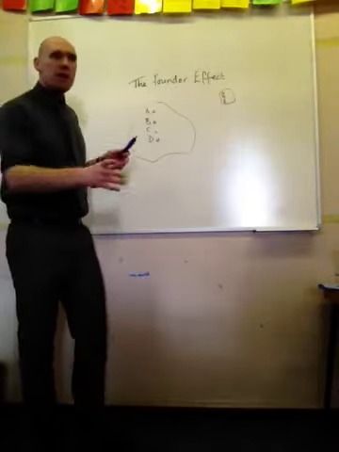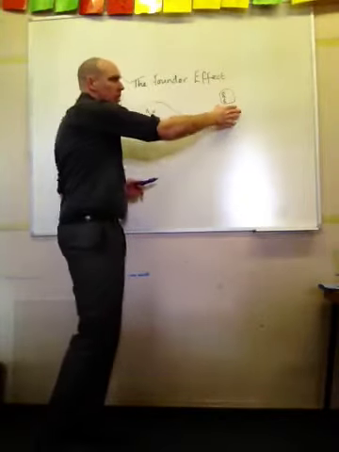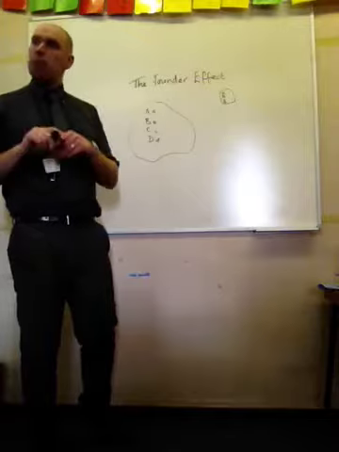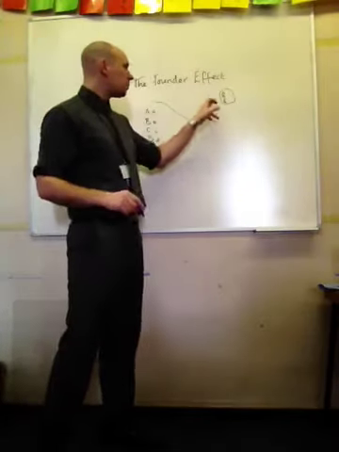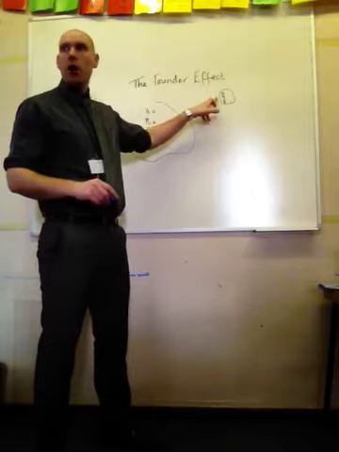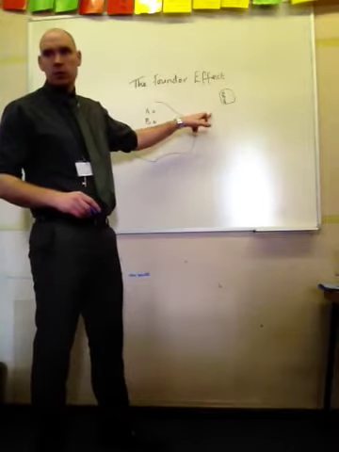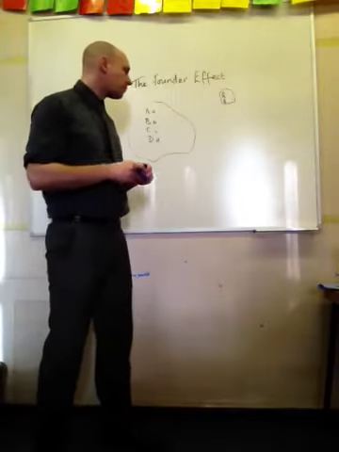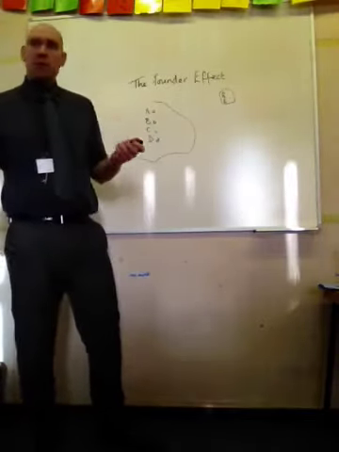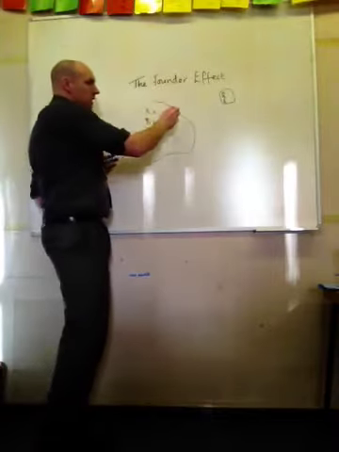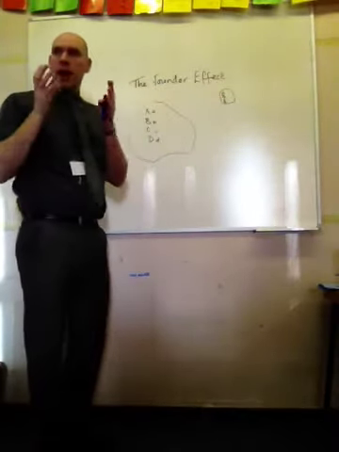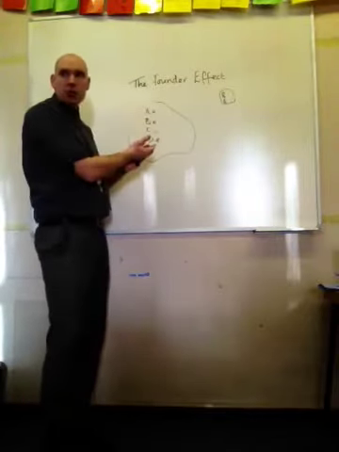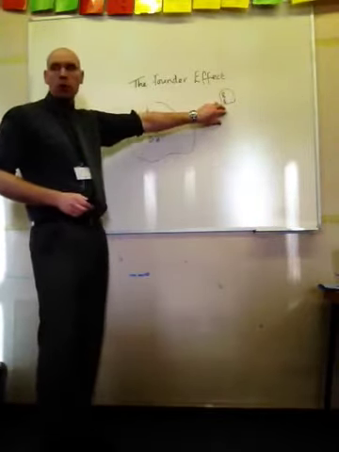So, can you see that this population has only got 4 alleles in it? And both of the individuals in this population have got the same alleles as each other. Yeah? So, the founder effect is where you take a number of individuals and you take their alleles away from a large gene pool to form a smaller gene pool.